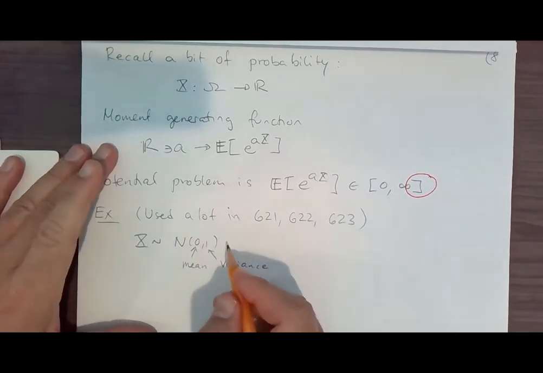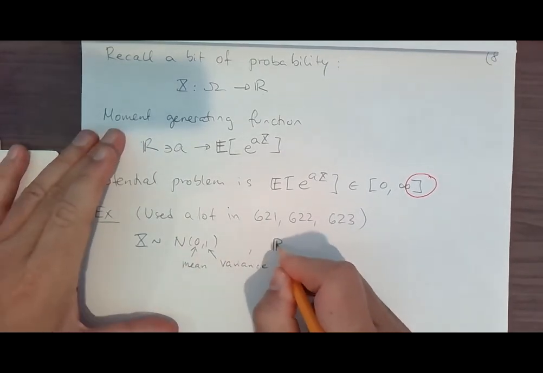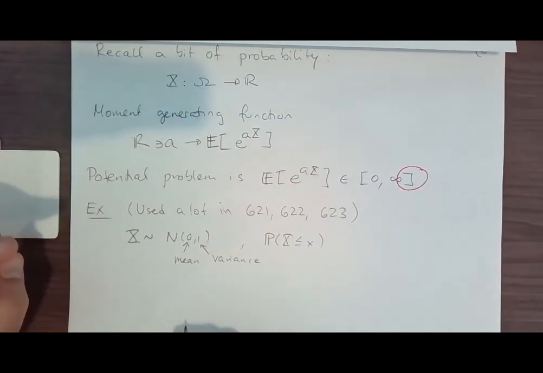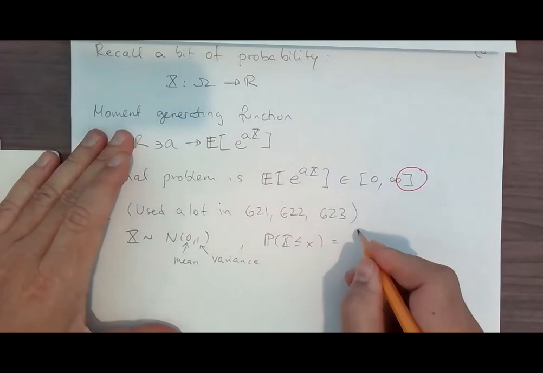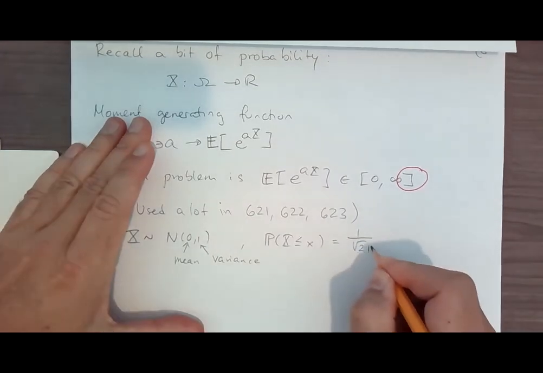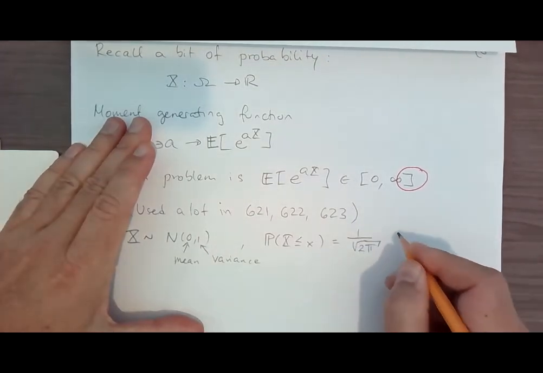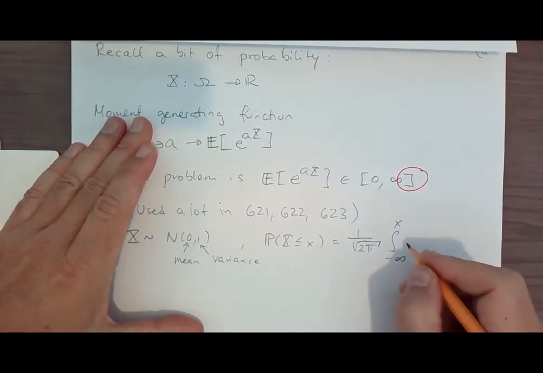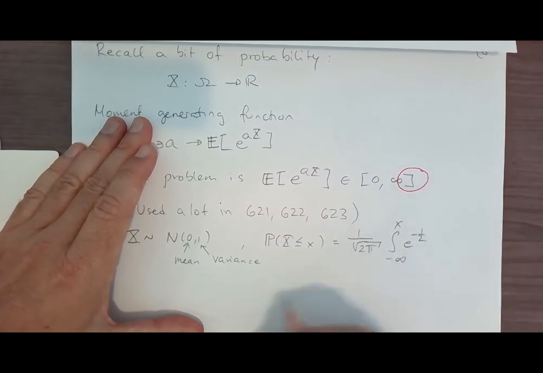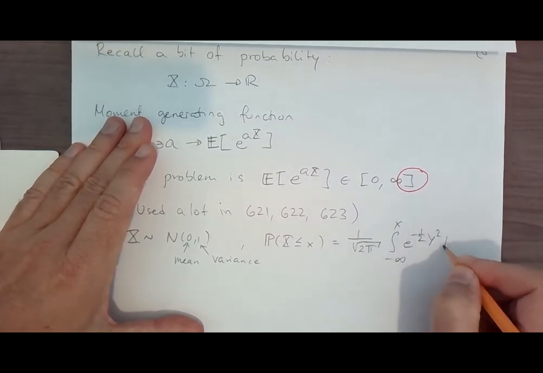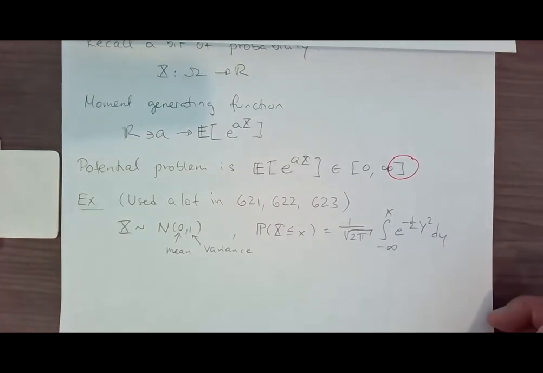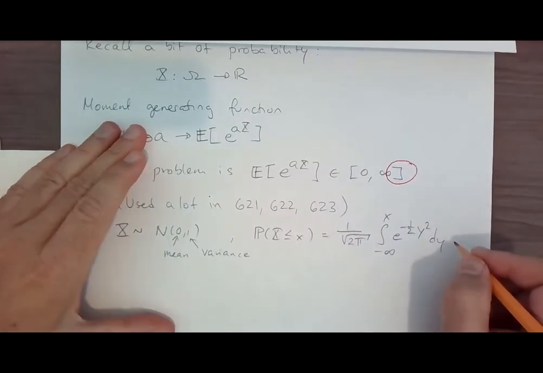So for a standard normal, the probability that X is less than some number x, I can compute simply by integrating the density. The density for a standard normal is this Gaussian function, e to the minus 1/2 y squared dy, and this is true for any x in the reals.